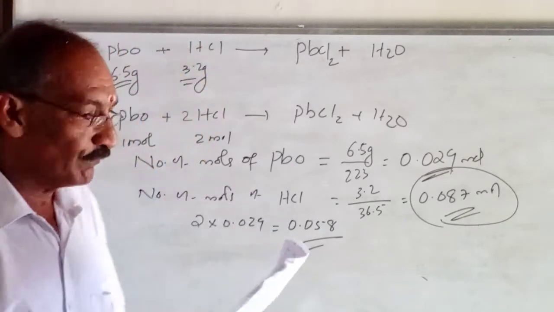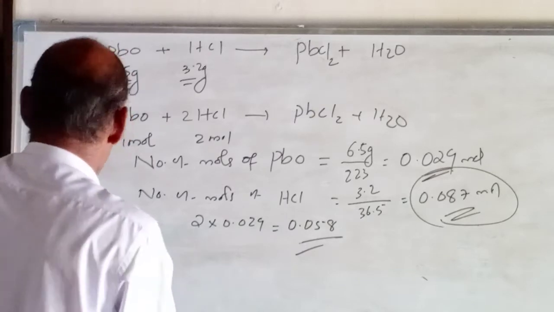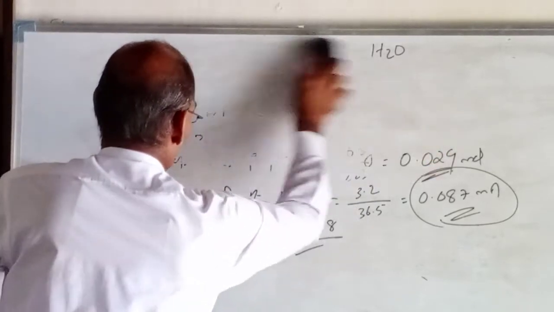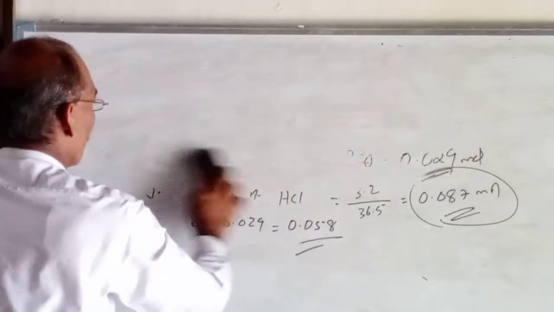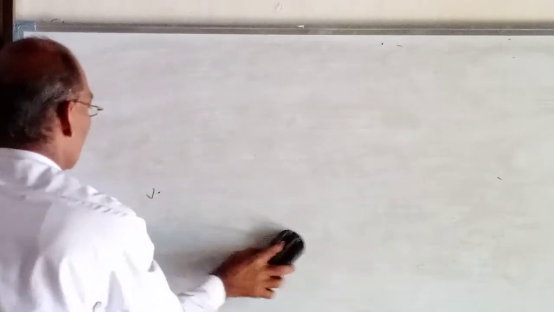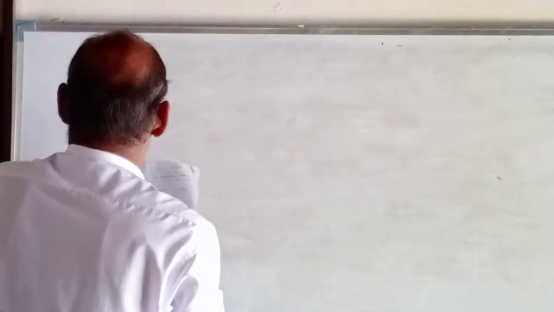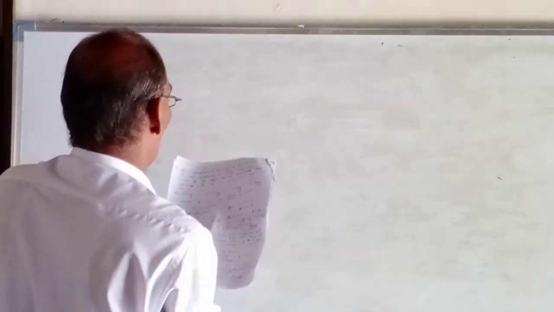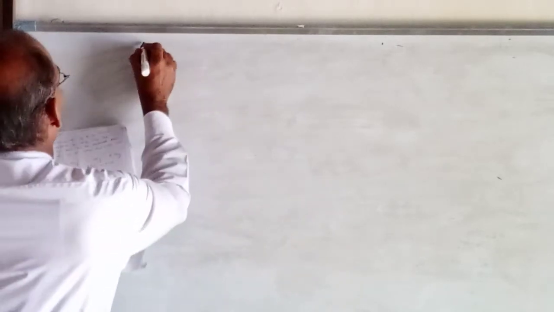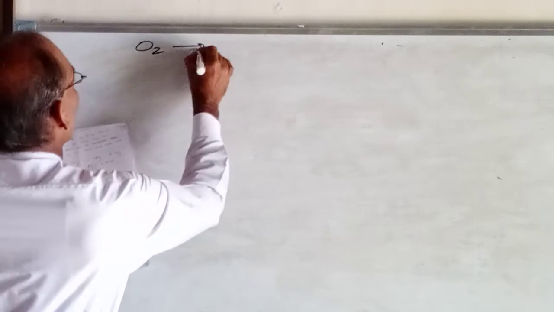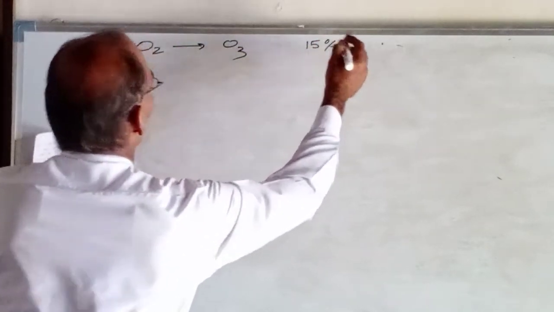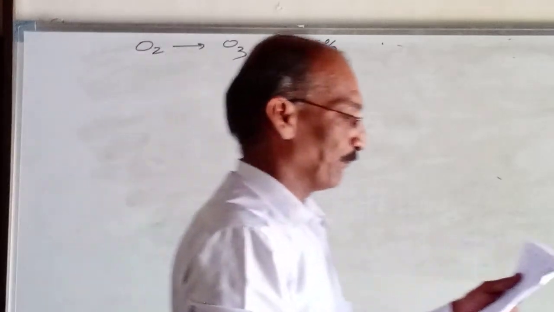The conversion of oxygen to ozone occurs to the extent of 15% only. So, oxygen changed to ozone, how much percent? 15% only.